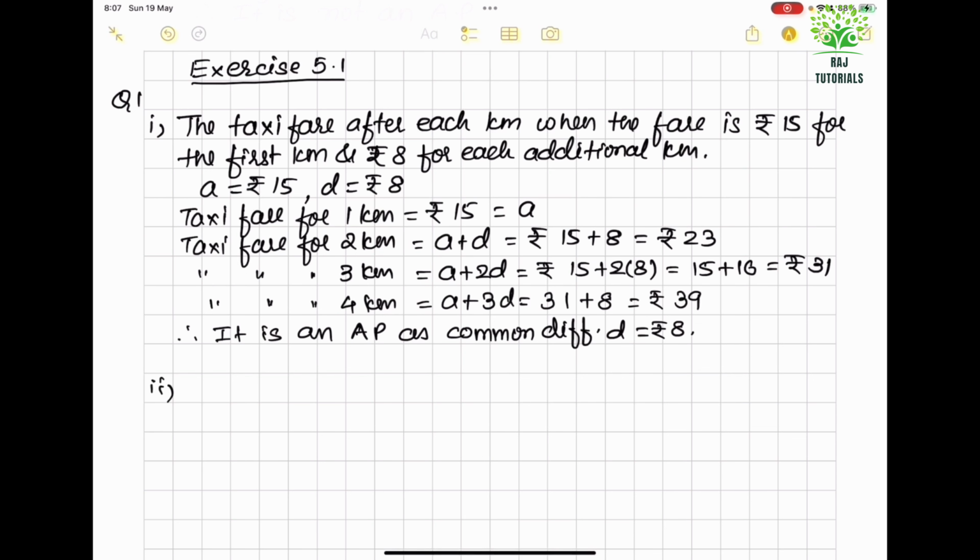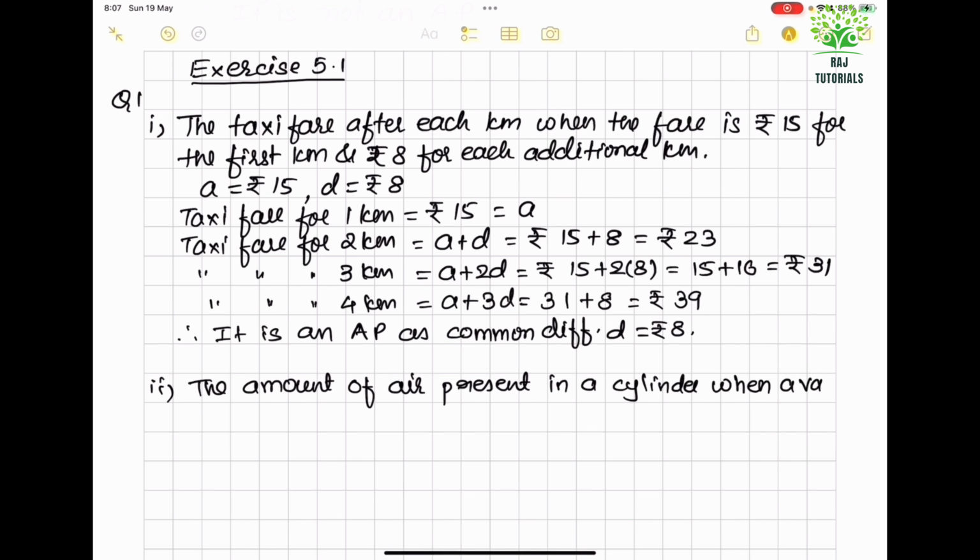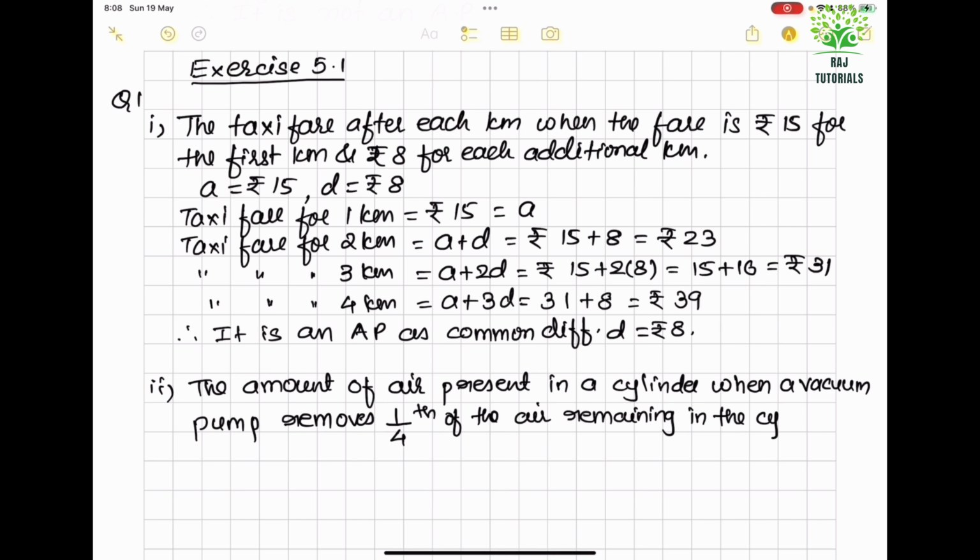Then the second one, he is saying the amount of air present in a cylinder when a vacuum pump removes 1/4 of the air remaining in the cylinder at a time.